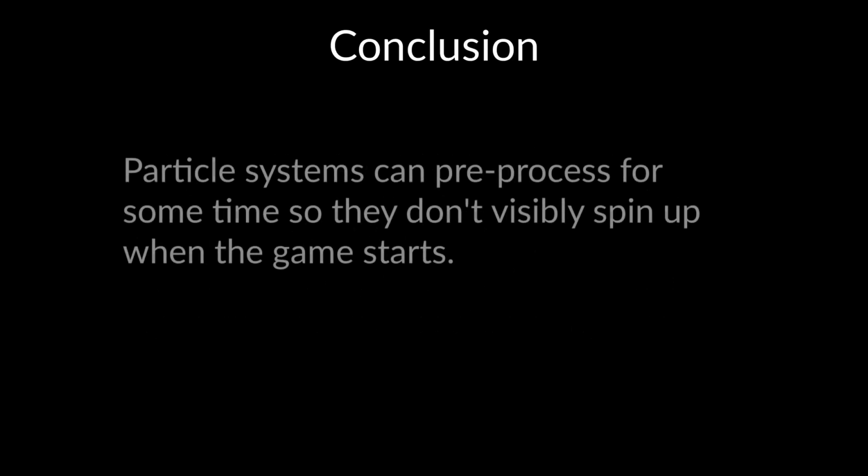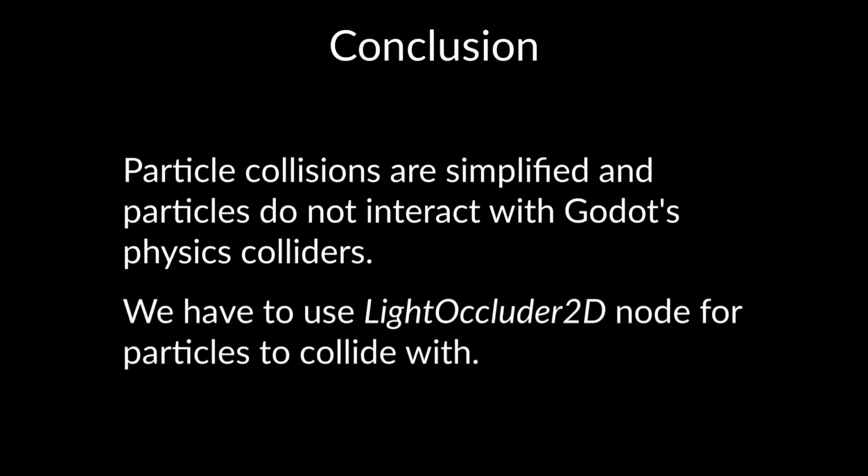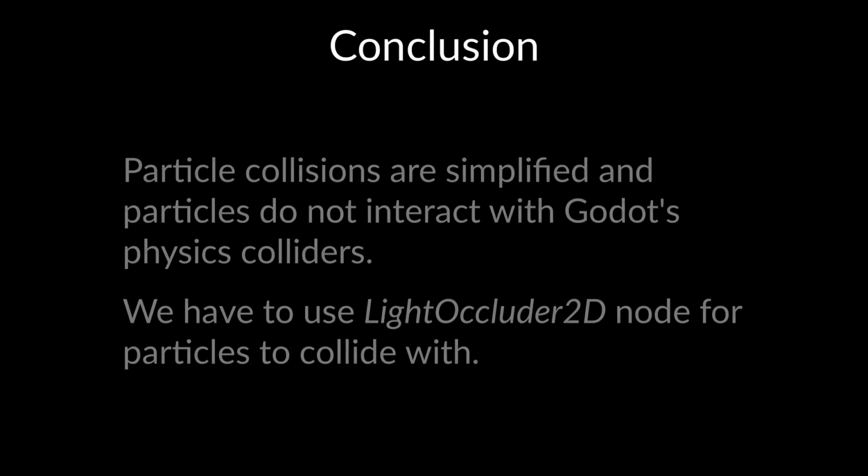And we learned how to pre-process particle systems so that they are already in full spin when the player sees them. We learned that particles can collide with our world, but only use a very simplified physics model that can be calculated on the GPU. We also learned that particles do not interact with Godot's physics bodies and colliders, but instead use a light-occluder 2D node for collision.